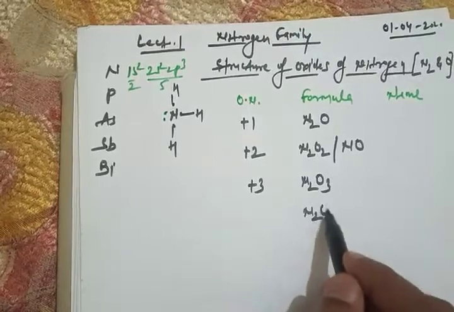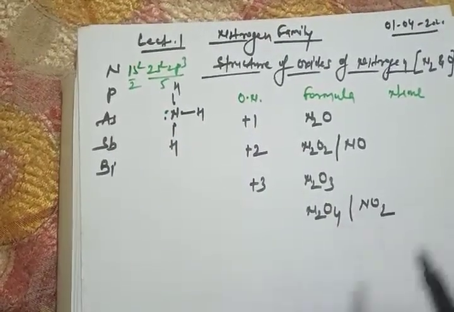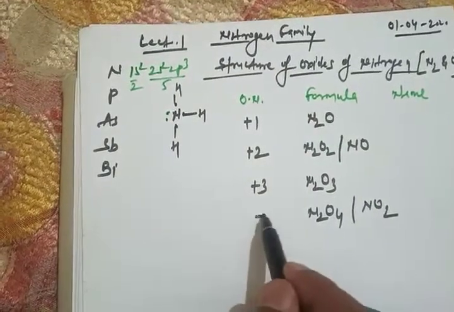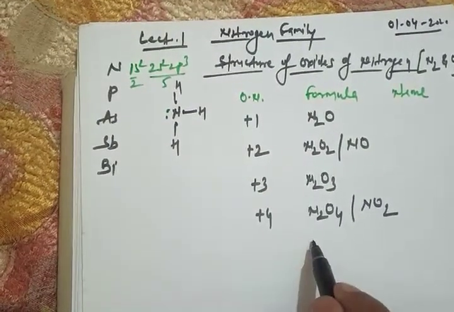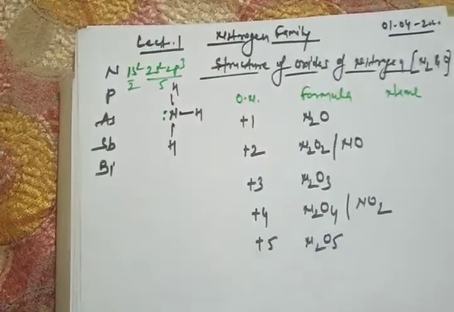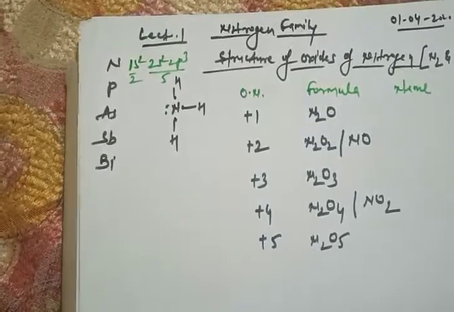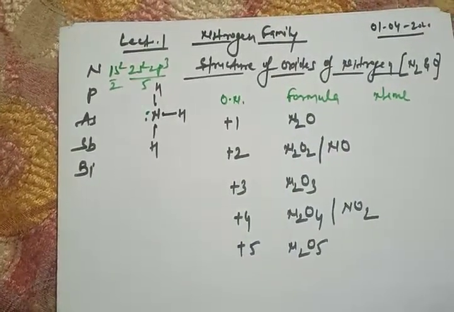Then N2O4 or NO2, with oxidation state +4. And then N2O5, with oxidation state +5. So these are the 5 oxides of nitrogen.